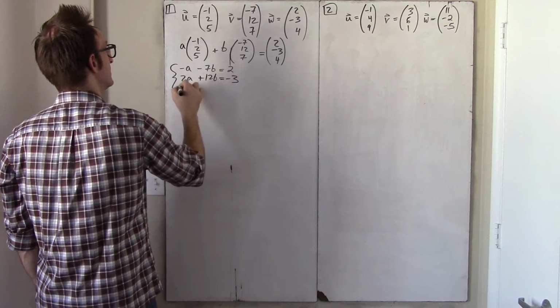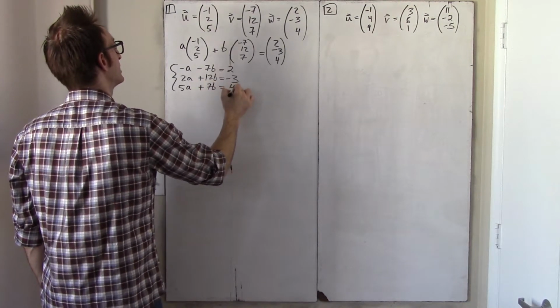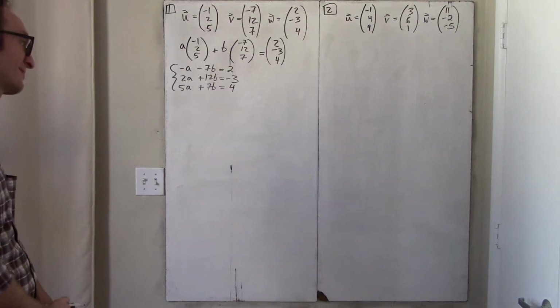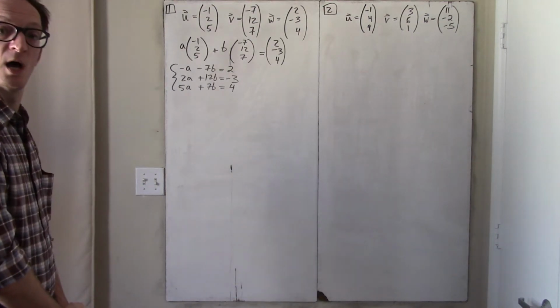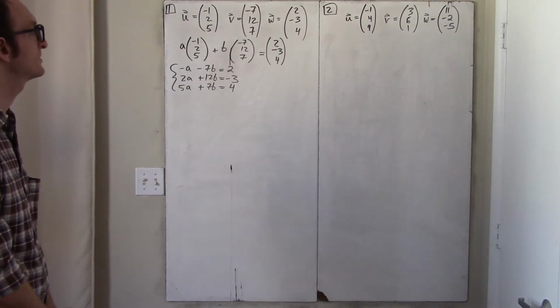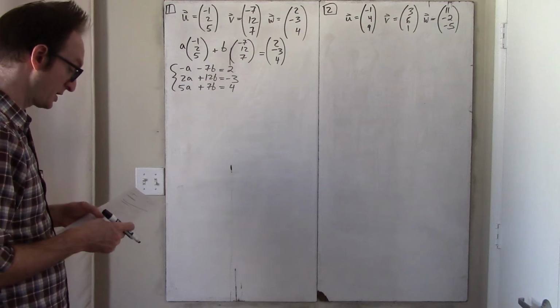It equals -3, 5a plus 7 equals 4. How am I going to solve this system? Well, this is a system of 3 equations in 2 variables, so it's an overdetermined system of equations, and it may or may not have a solution.